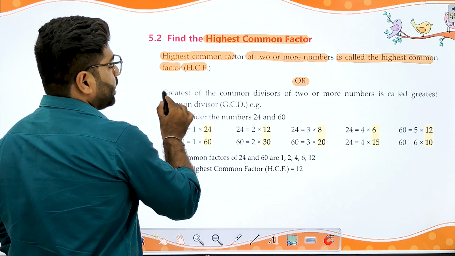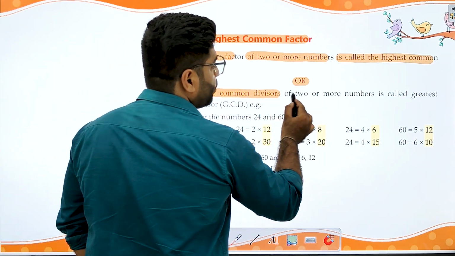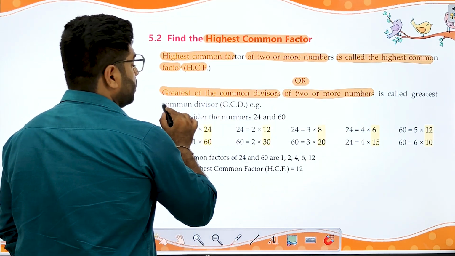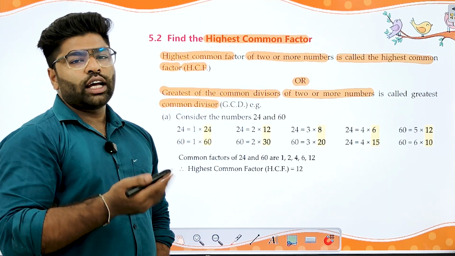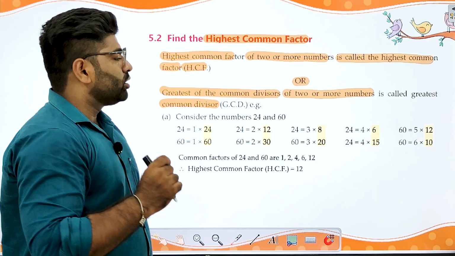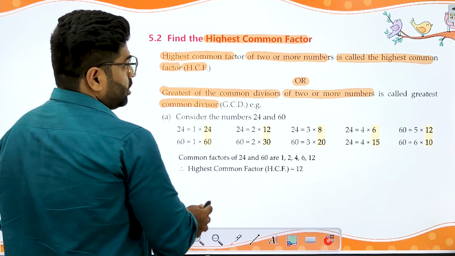Or we can say the greatest of the common divisors of 2 or more numbers. So common divisor and highest common factor are the same. We have to take care of that.